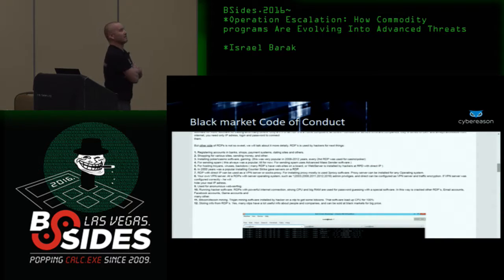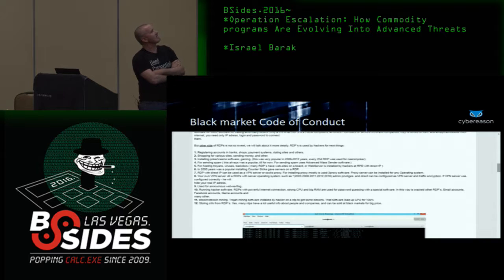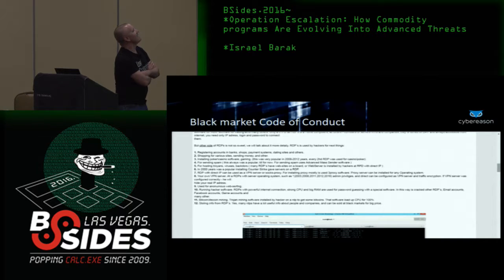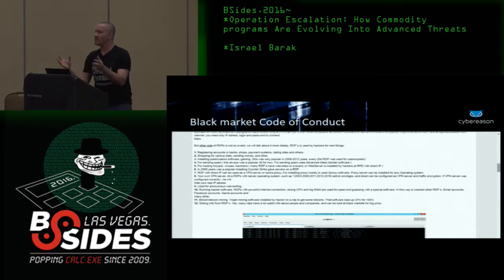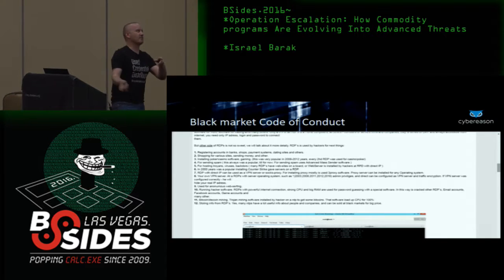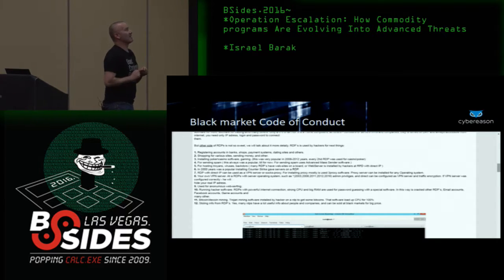Code of conduct. There is such a thing even with a black market like this. Essentially, what you see here is a set of simple rules, but I think they define the value proposition of why you would buy RDPs and why specifically you would buy RDPs from Ecstatic.